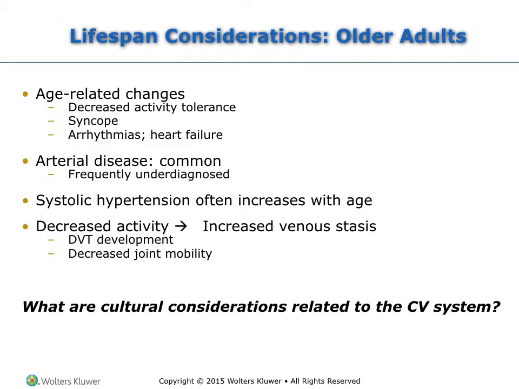Remember that when we are talking about health assessment, there are considerations that we need to take into account in terms of the age of our patients and our aging population. As the human body ages, there are further problems and the body systems start to decline.